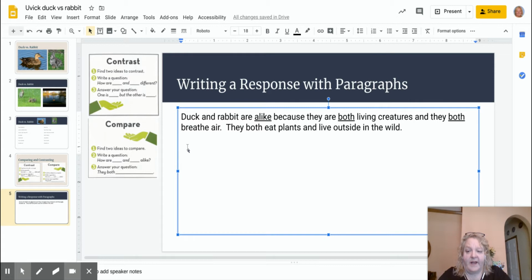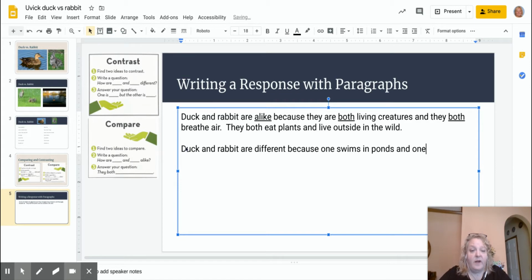So we're going to say, duck and rabbit are different because one swims in ponds and one hops on land.